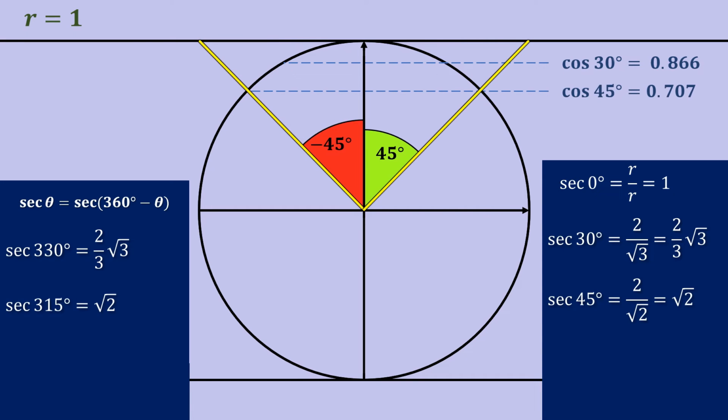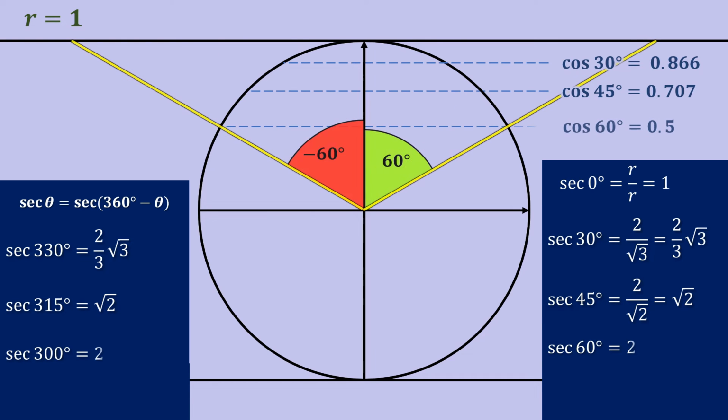Secant 45 is 2 over root 2, and any number divided by its square root is equal to the square root itself. At 60 degrees, the secant is 2. This means that the secant line is 2 times longer than the radius at this angle.